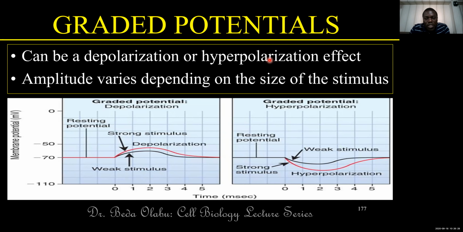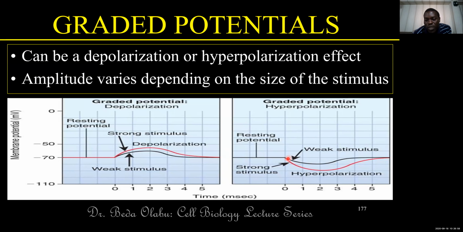The amplitude of the disturbance will depend on the size of the stimulus. For it to move from negative 70 to wherever it's going, what will determine whether it reaches negative 80 or negative 90 is the size of the stimulus.